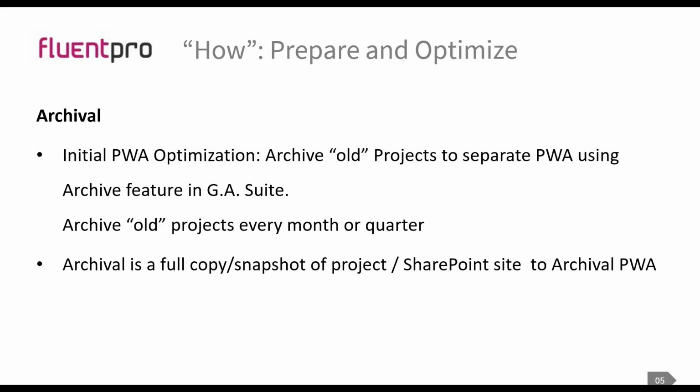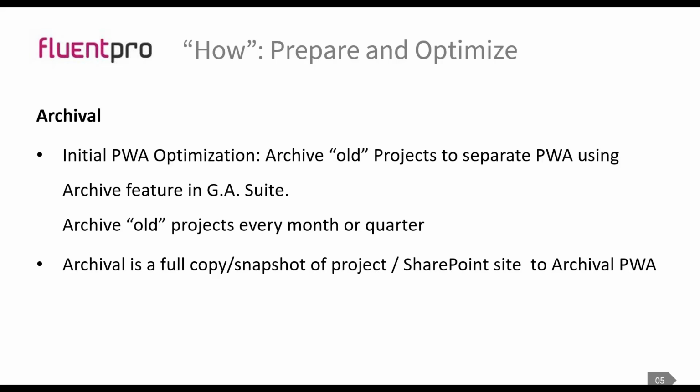The reason for doing that, first of all, you optimize your PWA. You remove some extra data, you reduce the amount of data used for reporting. Let's be frank, if the project was completed 2 years ago, it's very low chances that you will need to run any reports on it or get the schedule.